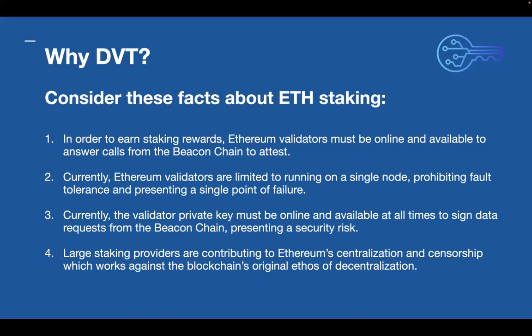In order to earn staking rewards, the validator has to be online and available. Currently, the validator is limited to running on a single node, so there's no fault tolerance. There's a single point of failure there. The validator private key has to be online and available, so that's a bit of a security risk.